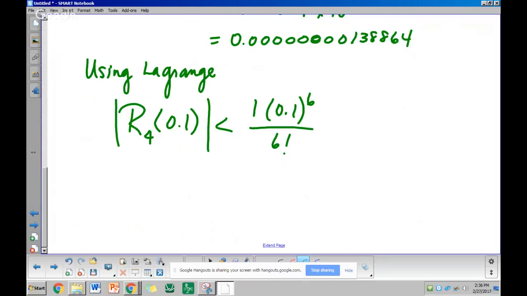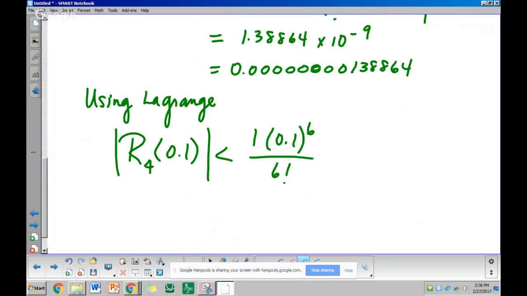So let's see if that is a little bit bigger than the actual, which is like 1.38 repeating times 10 to the 9. So this is slightly bigger, right? So Lagrange says it's going to be less than this. And the exact is a little bit less.